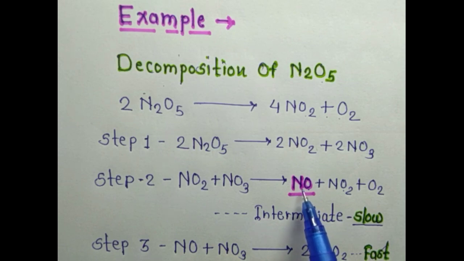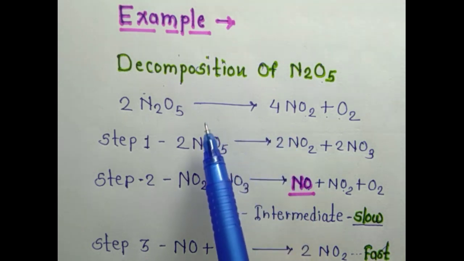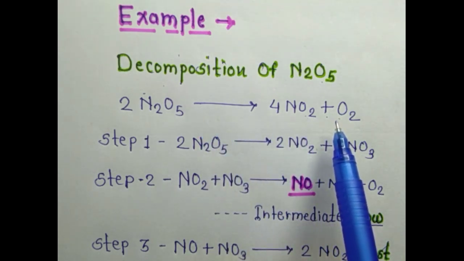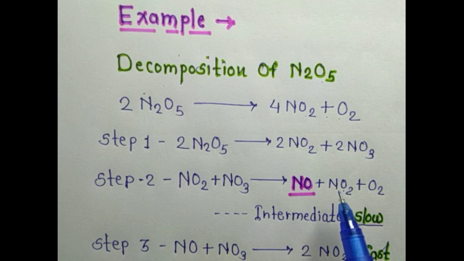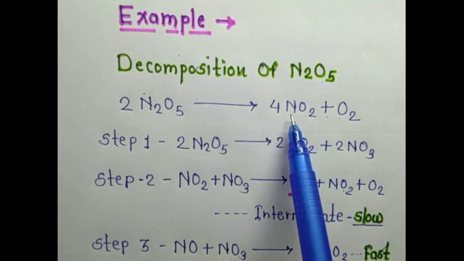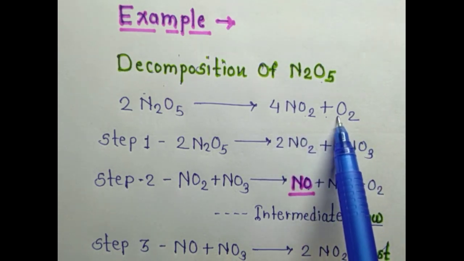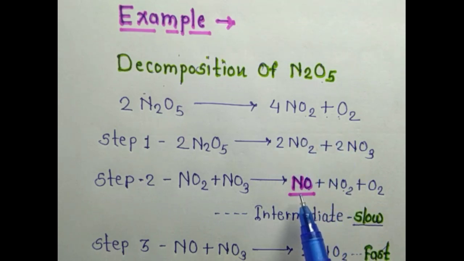Here this NO molecule is a newly formed species in this reaction. NO is absent in the overall reaction, and NO2 and O2 are already in the overall reaction, meaning the newly formed species is called the intermediate formation step or intermediate formation reaction, which is the slow step reaction.